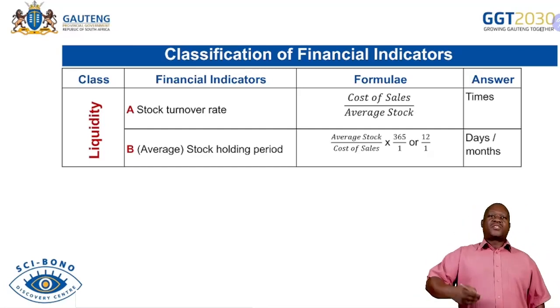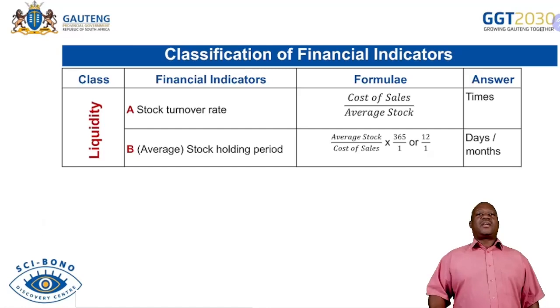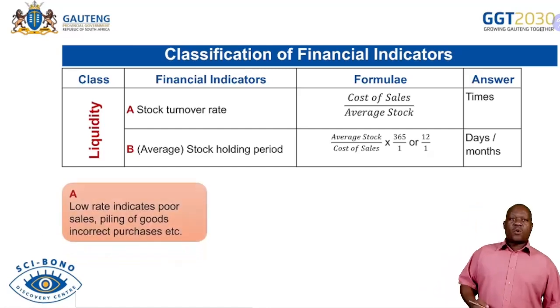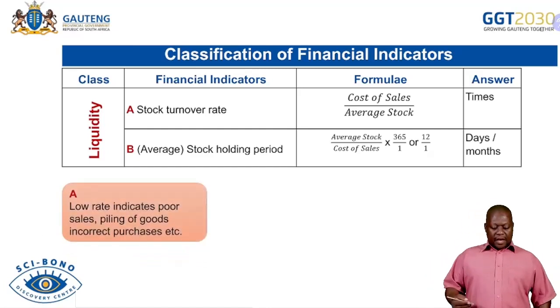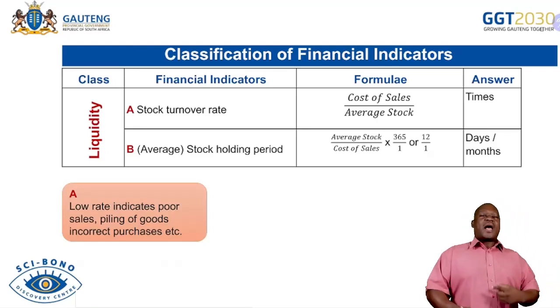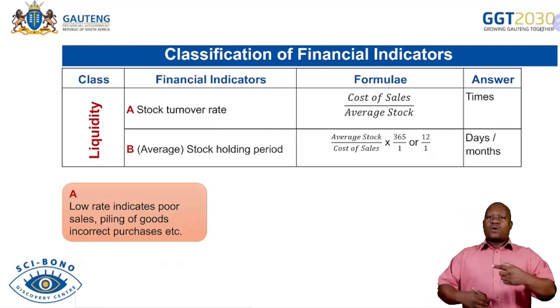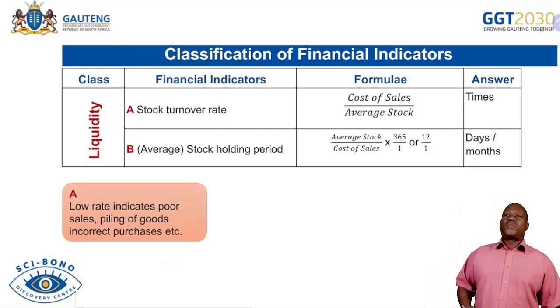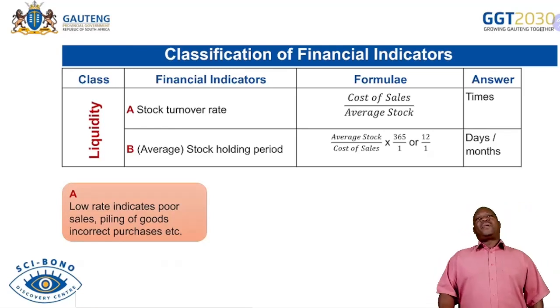The higher the stock turnover rate is, the better. Now, our stock turnover rate indicates if we are not getting to a point of stockpiling. We only stockpile if we are having a very low stock turnover rate, because it means we are not turning our stock faster.